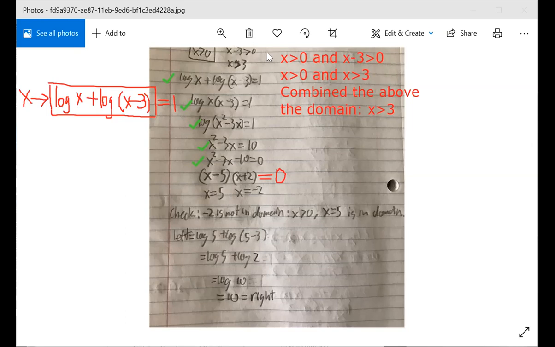So you get these, that's good. And negative 2 is not in the domain. X larger than what? Over here, larger than 0 would not be right. It should be larger than 3.